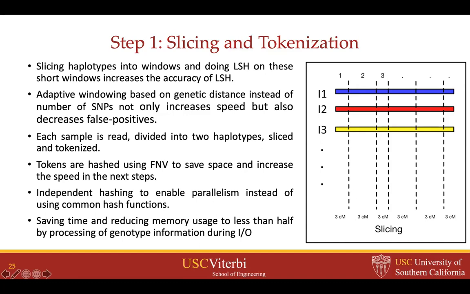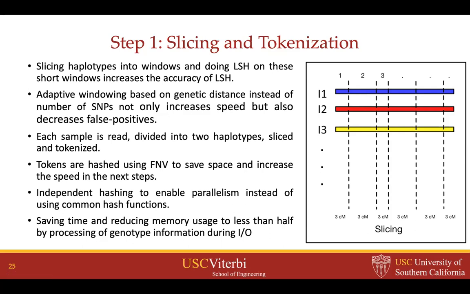In some cases, those windows will be bigger or smaller regions in true base pairs, depending on the density and the recombination rate. But you split the whole genome into these slices. And then you first take the whole genome and create little hashes of, say, 20 SNPs.